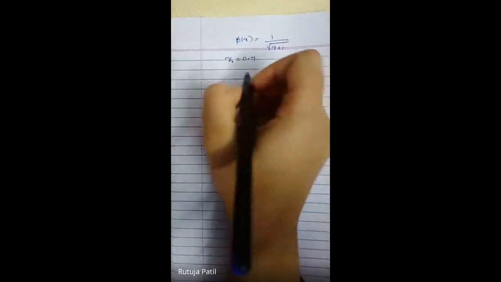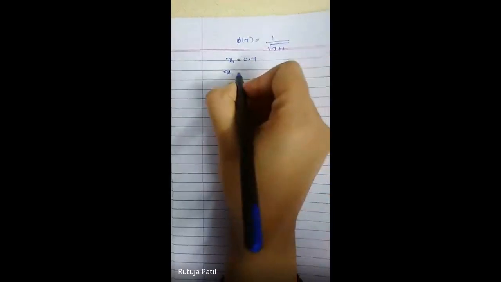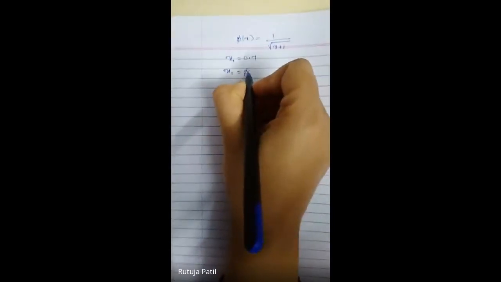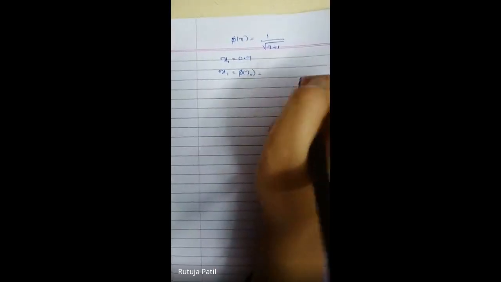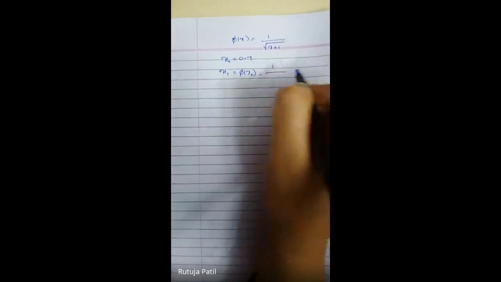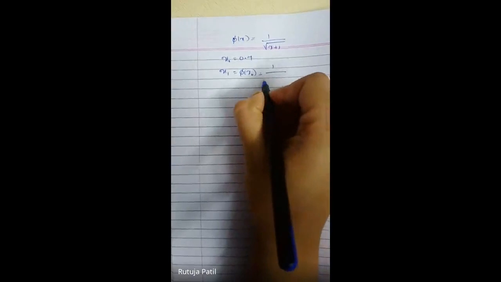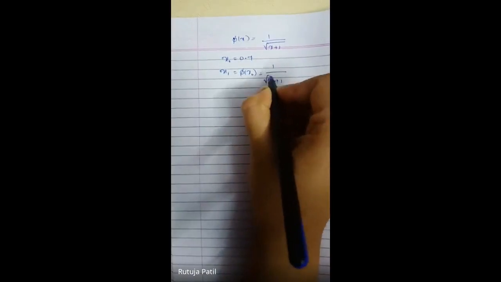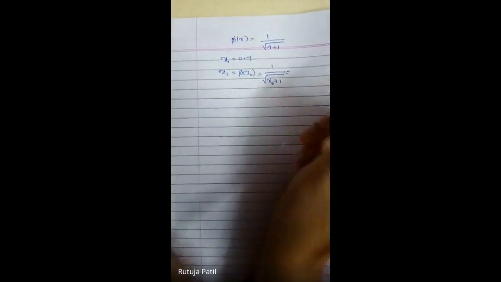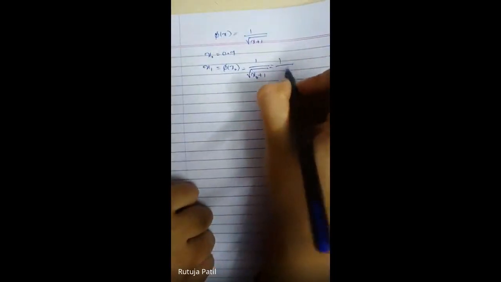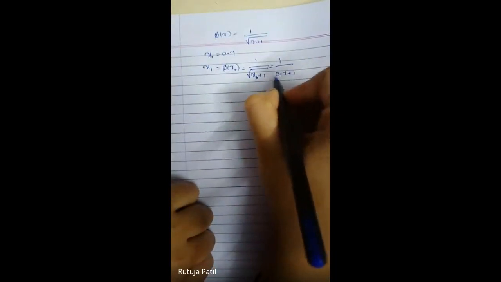Next we need to find x1. So x1 is nothing but psi of x naught. Psi of x naught is nothing but 1 divided by square root of x naught plus 1. So 1 divided by square root of 0.7 plus 1.